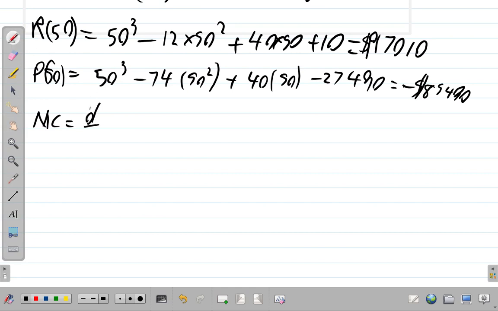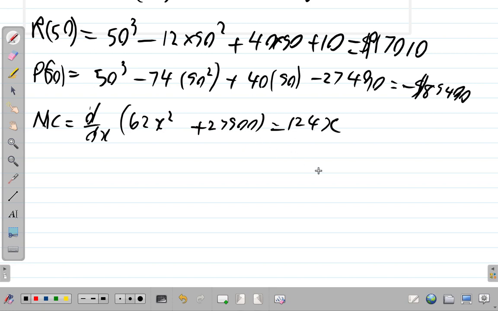It would be d by dx of 62x squared plus 27,500. Now, when you differentiate it with respect to x, you get 62 times 2, which is 124x, and this would be 0. So it's really 124x, all right?